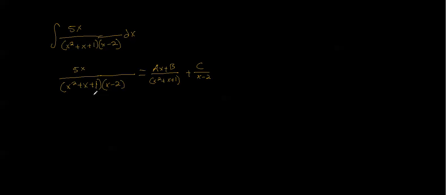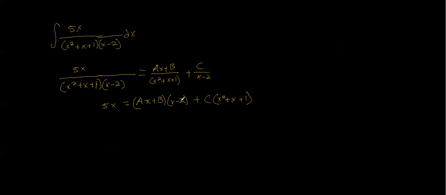So when we multiply through by the denominator, we are left with 5x equals ax plus b times x minus 2 plus c times x squared plus x plus 1.